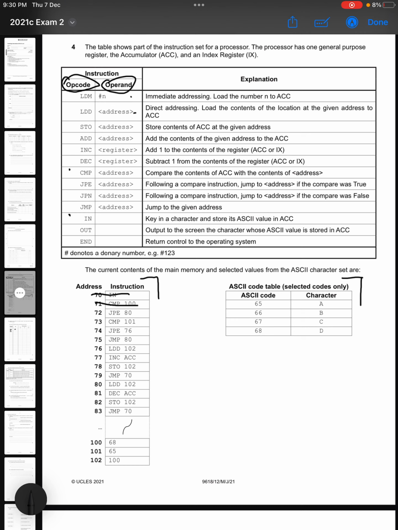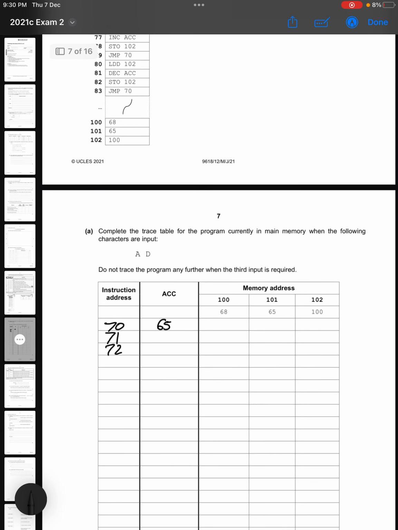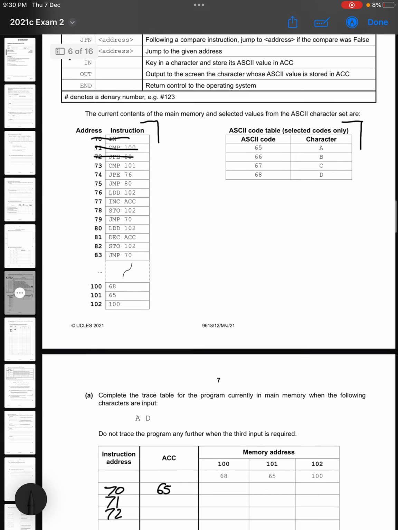So we find JPE right here. Following our compare instruction, jump to address if the compare was true. Now we know that 65 does not equal 68, so it's false. So hence nothing will occur. So we must do nothing to the ACC, and we go to the next address, which is 73.